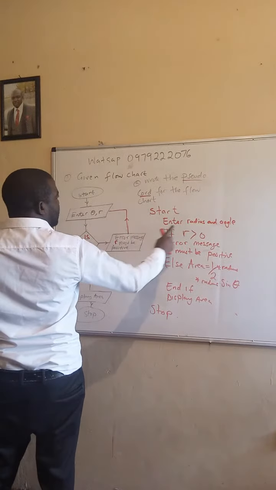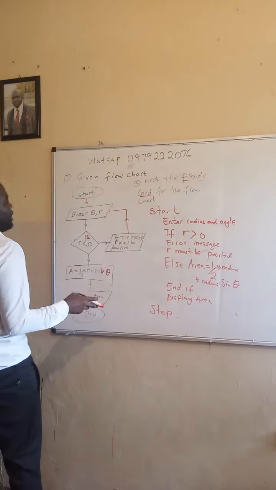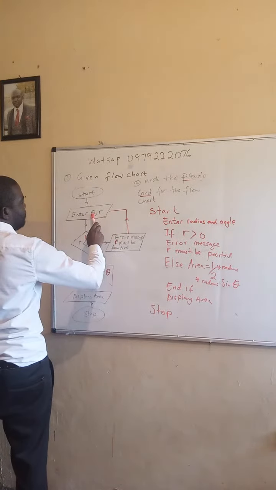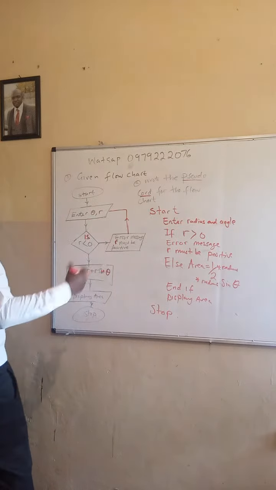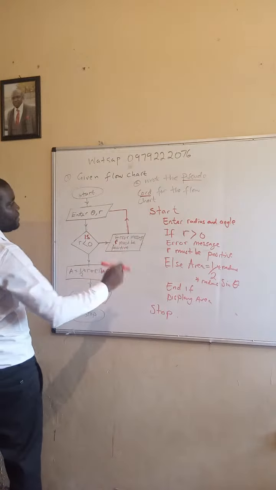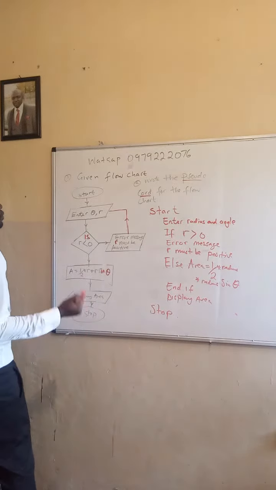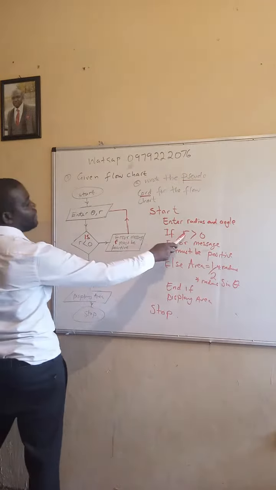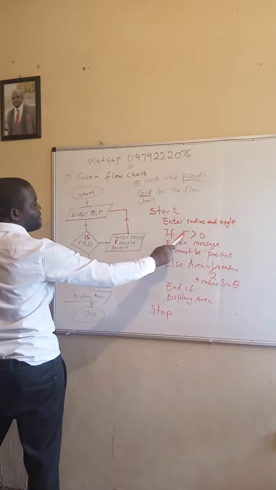The next command is enter radius and angle. You see, I haven't used enter theta and r because I'm using words. Try by all means to use words when you're writing this side. So even here, you can put radius. You can say radius greater than 0 instead of just writing r greater than 0.